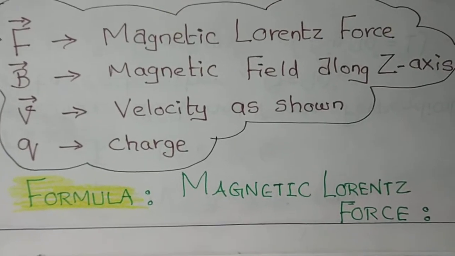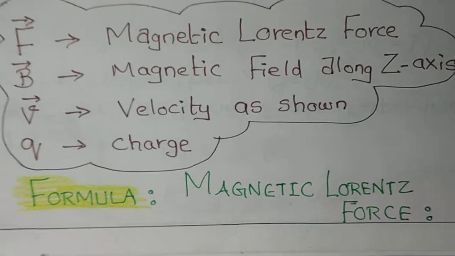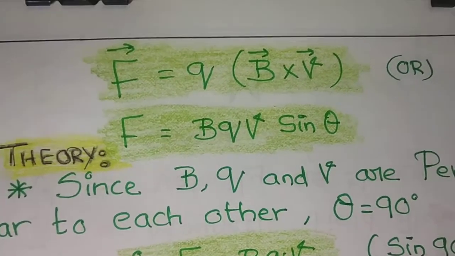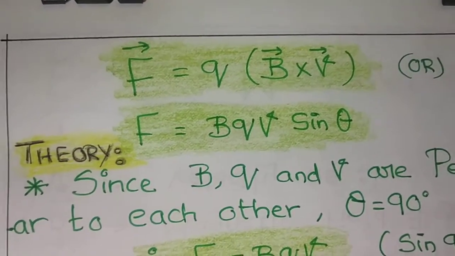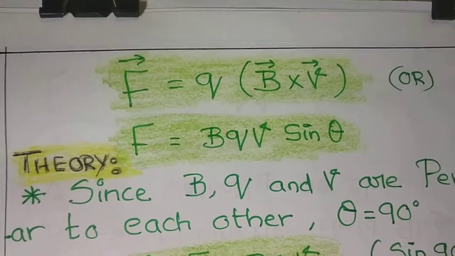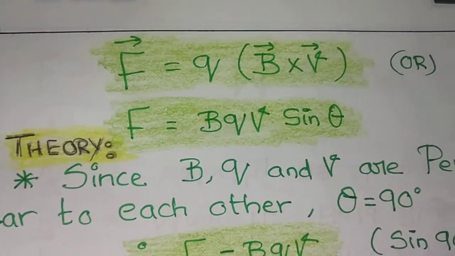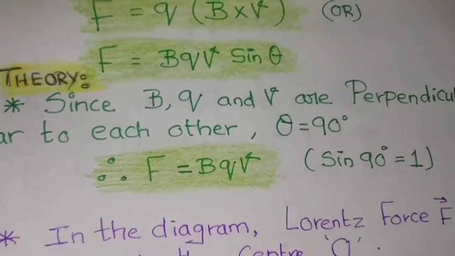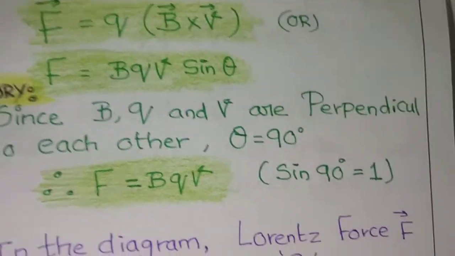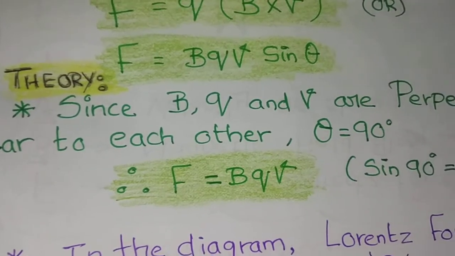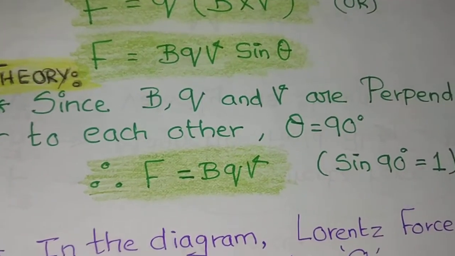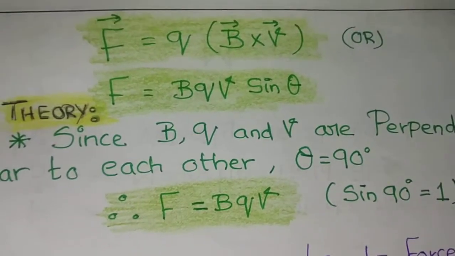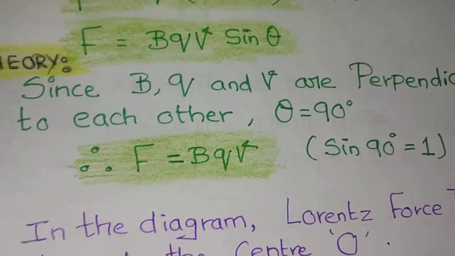Now let's see the formula for magnetic Lorentz force. Here, F vector is equal to Q of V vector cross B vector, or F is equal to BQV sin theta. Since B, Q and V are perpendicular to each other, here theta is taken as 90 degrees, so F becomes BQV.